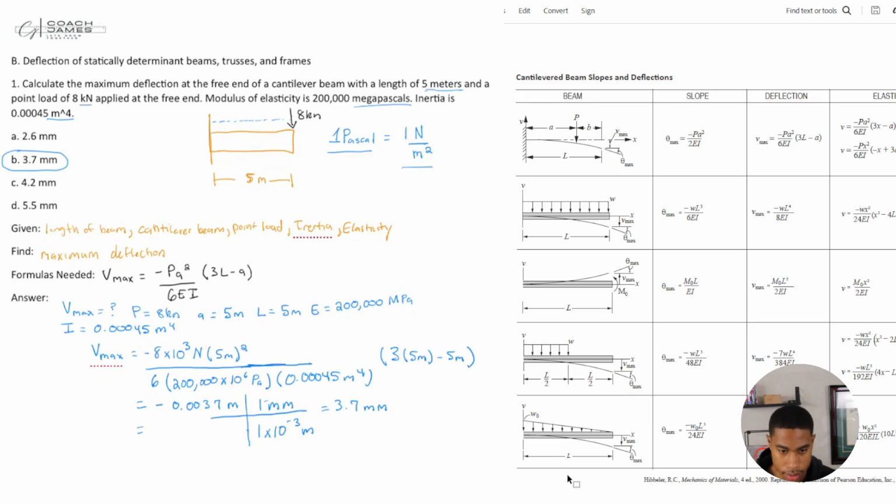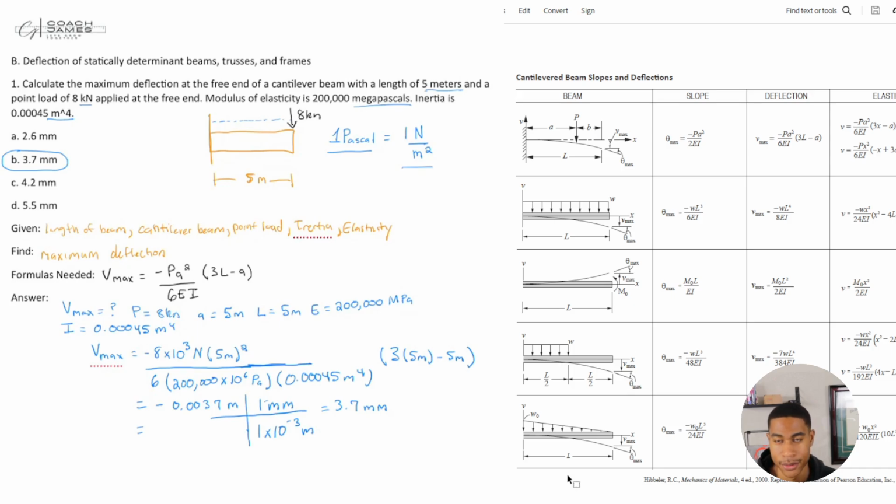Pretty straightforward. It's a matter of units. Typically, if you're in SI units, it's going to be newtons and meters. Keep everything in those. And then from there, you can change if need be. If they give you gigapascals, change it to pascals.